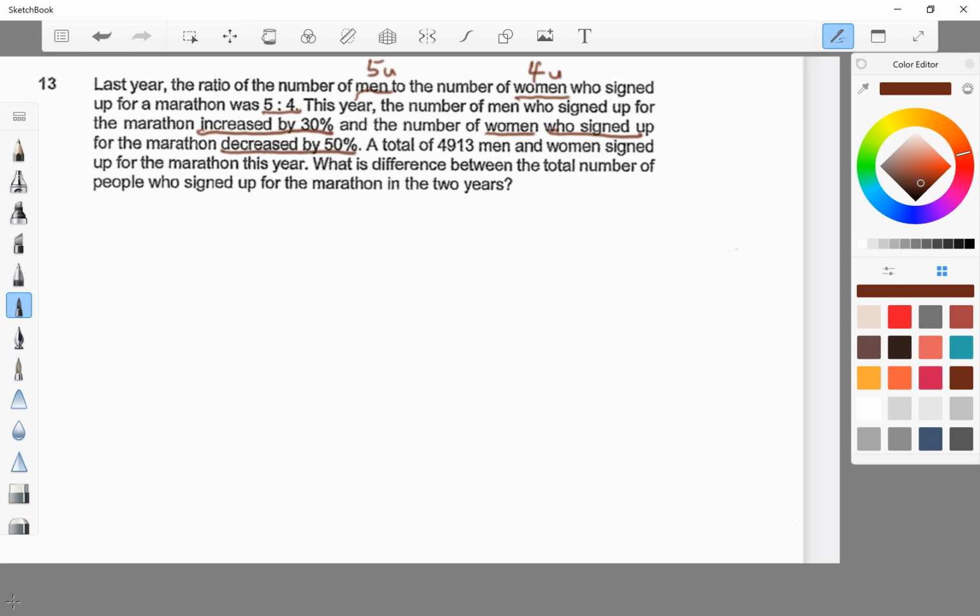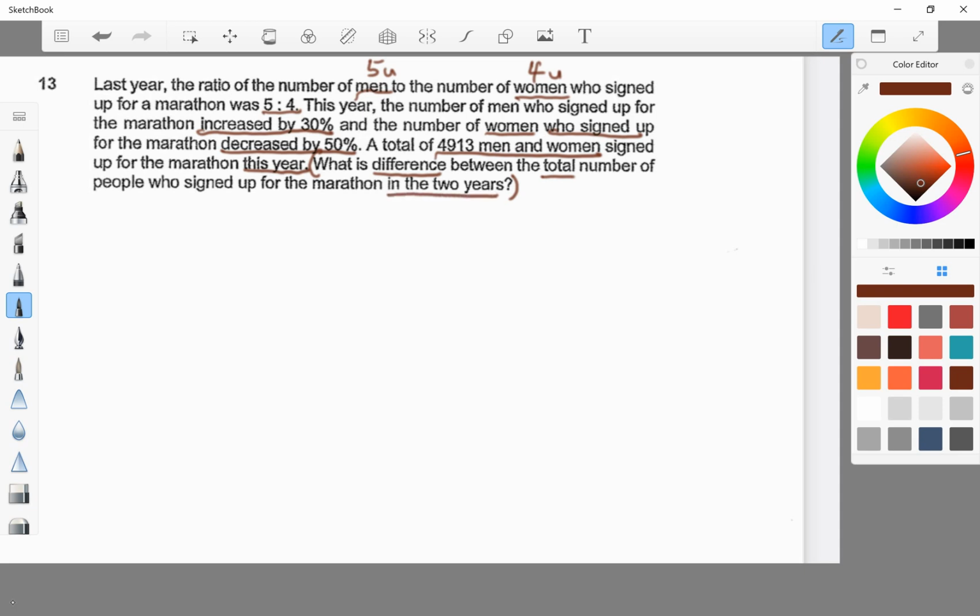And it is said that a total of 4,913 men and women signed up this year. So what is the difference between the total number of people who signed up for the marathon in the 2 years? So the question is asking us to find the difference between the total in the 2 years.